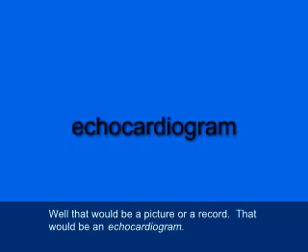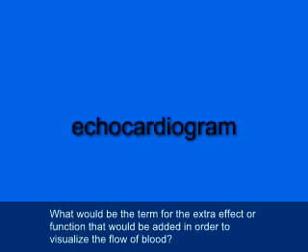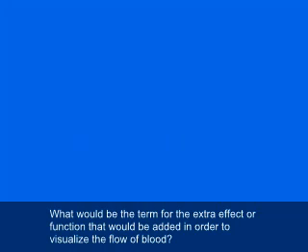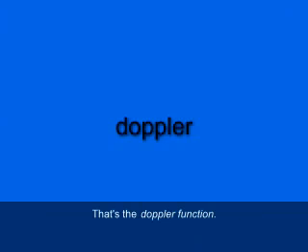That would be an echocardiogram. ECHOCARDIOGRAM. What would be the term for the extra effect or function that would be added in order to visualize the flow of blood? Well, that's the Doppler function, DOPPLER.